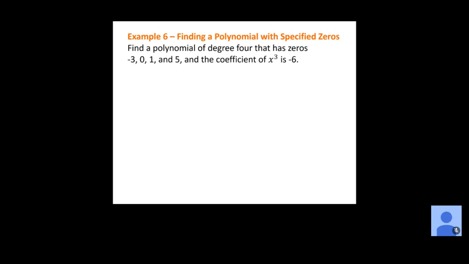Okay, so let's just go one at a time here. If we know negative 3 is a 0, what does that tell us about the polynomial? That x plus 3 has to be a factor. Good. So I know when I am actually looking at this polynomial now, x plus 3 is one of my factors. What else has to be a factor?